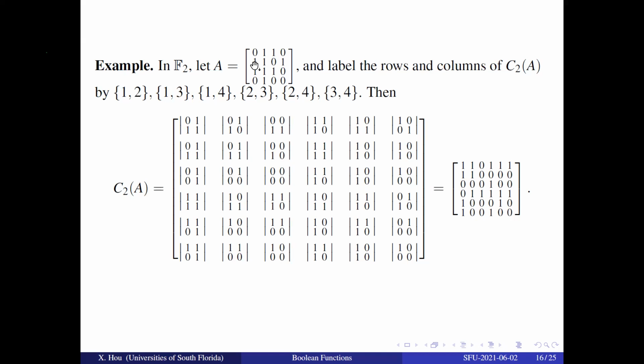So first row, second row, and 1, 3, first column and third column. And when I look at the intersection, I get a 2x2 matrix, which is this one. So you get the idea. So this is how you get the compound matrix. The second compound of this 4x4 is a 6x6.